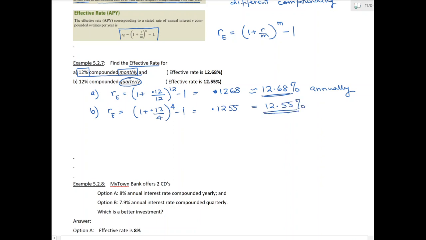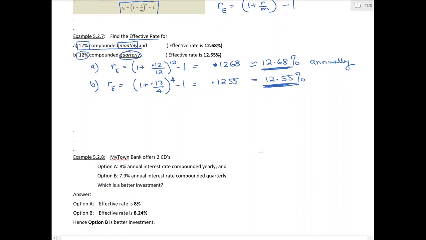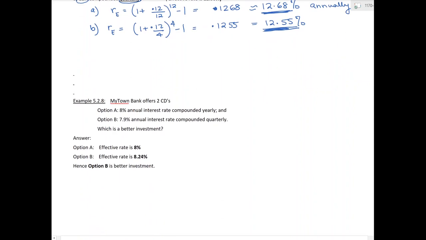So notice that a 12% interest, if compounded quarterly, results in only 12.55%, and if compounded monthly, it's 12.68%. Now this is very important in the concept.